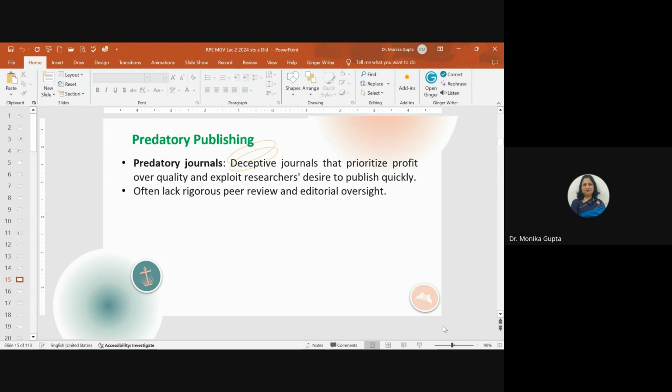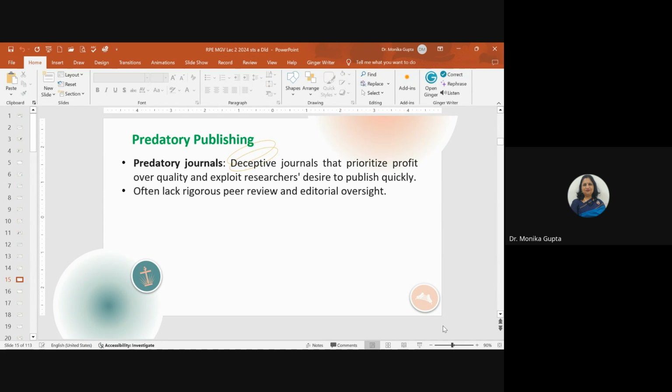These journals often target inexperienced researchers with false promises of quick publication and charge high fees. It is essential to carefully evaluate journals before submitting work, considering their reputation, peer review process, and editorial board. So these are major points that you need to take care of before putting up your paper for publication.